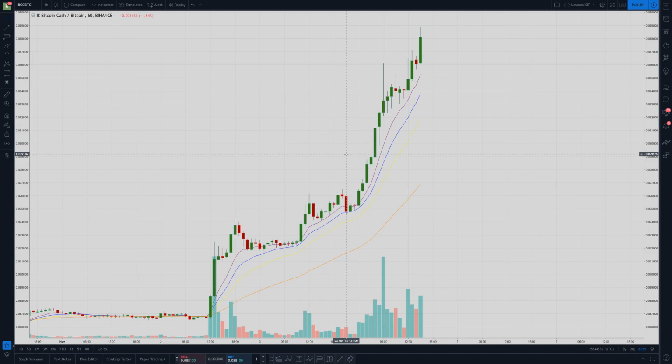I've never done a tutorial on moving averages. I definitely need to do one, but I'm sure you guys know that moving averages act as supports and also resistances. Not only that, but they show the strength of an uptrend by how much they fan out.